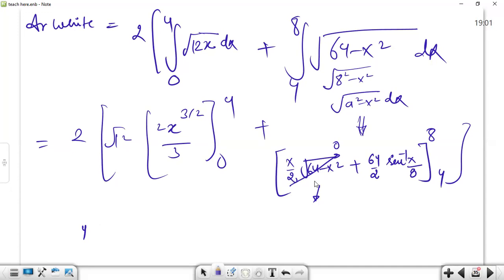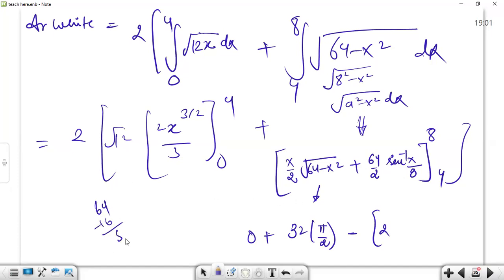So this has become 0 plus 64 by 2, that is 32, sine inverse of 8 by 8, sine inverse of 1, that is basically pi by 2, minus 4 by 2, that is 2, into the square root of 64 minus 16, which is 48, plus 32 sine inverse of 4 by 8, that is 1 by 2, that is 30 degree, that is pi by 6.